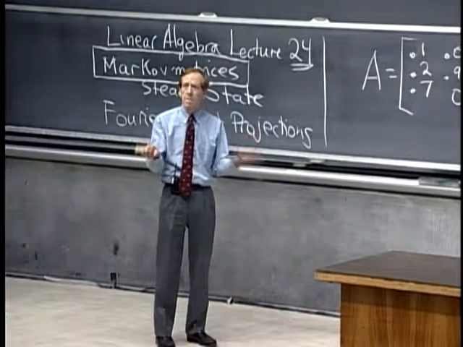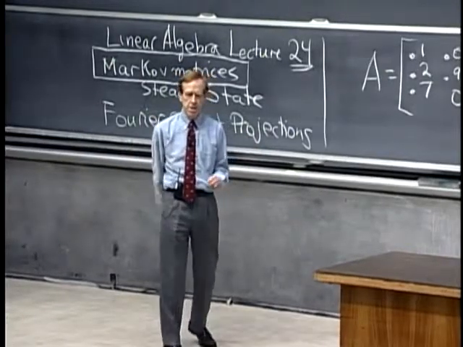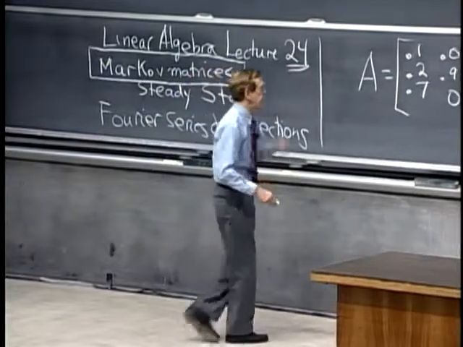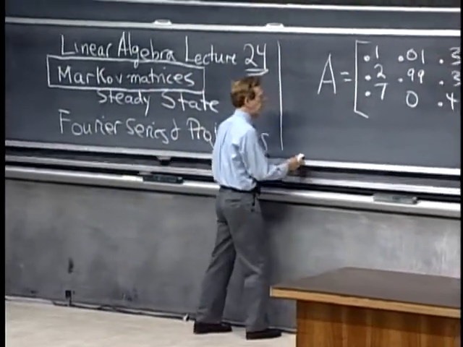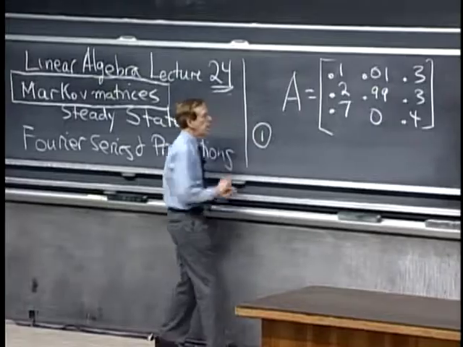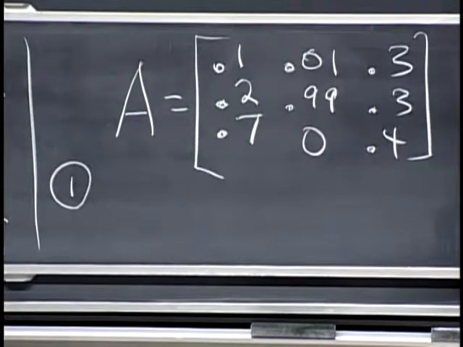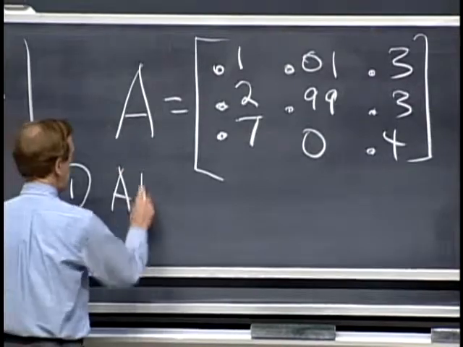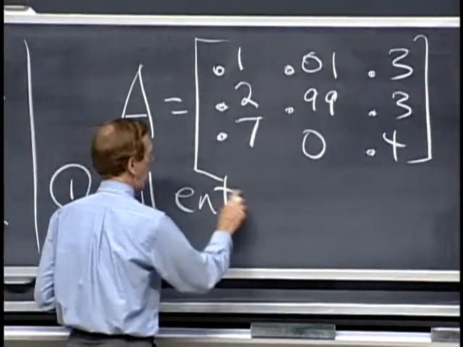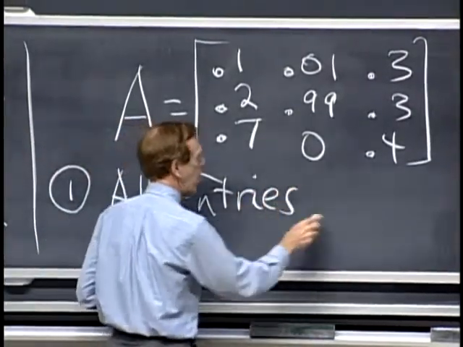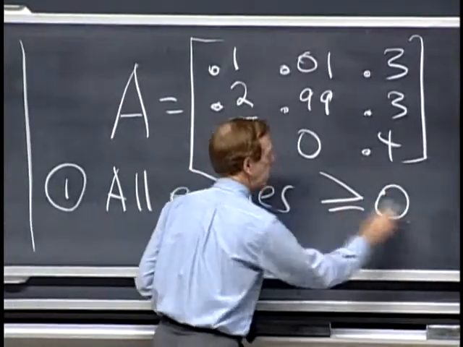What makes it a Markov matrix? Two properties that this matrix has. One, every entry is greater than or equal to 0.